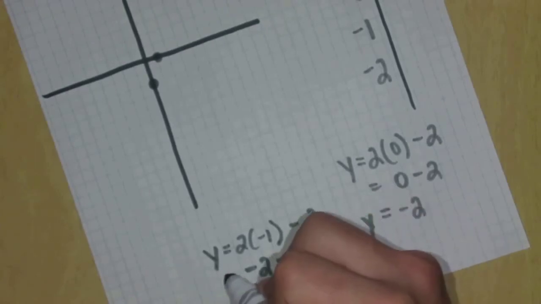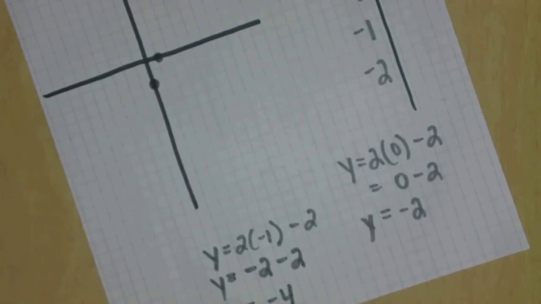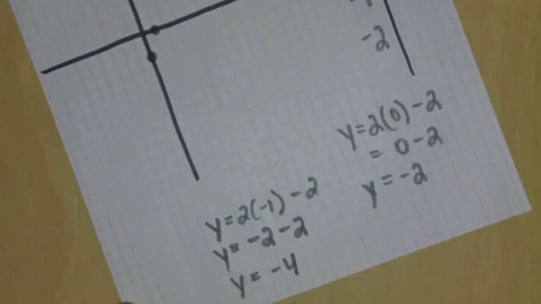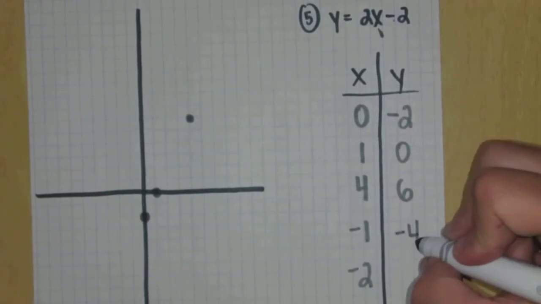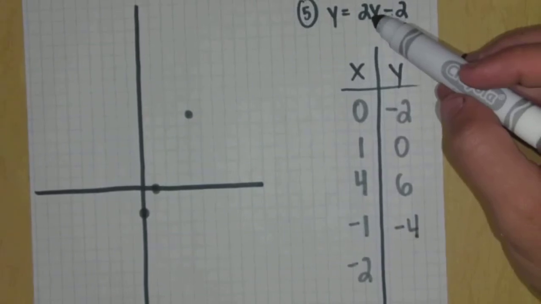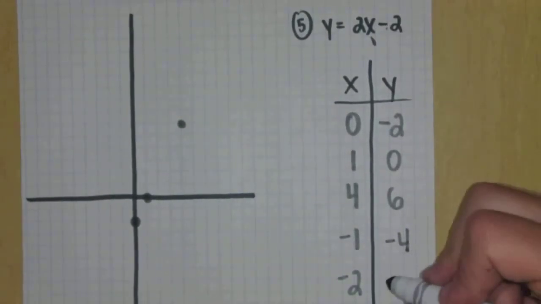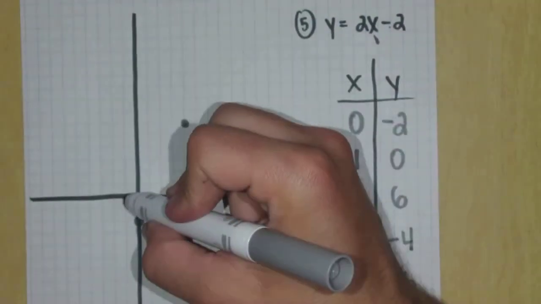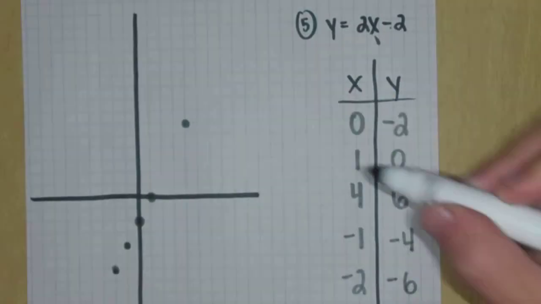Minus 2 means y is equal to negative 4. So, negative 1 for x yields a negative 4 for y. Negative 2 plugged in for x. Negative 2 times 2 is a negative 4. Negative 4 minus 2 is a negative 6. So we have negative 1, negative 4, and negative 2, negative 6.